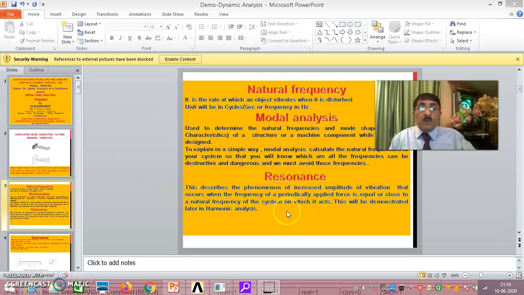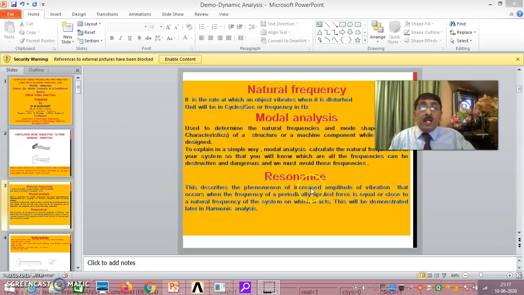If you get the first natural frequency as 800 RPM, you should avoid 800 RPM. If you get the second natural frequency as 1500 RPM, you should avoid 1500 RPM. If 2400 RPM is the third natural frequency, you should avoid 2400 RPM. You can operate at any other region, where the amplitude of vibration will be lesser.